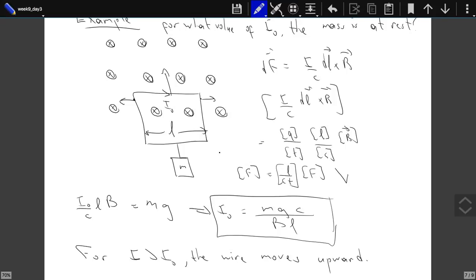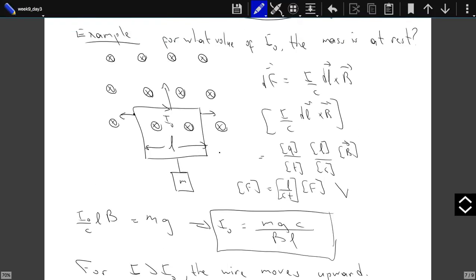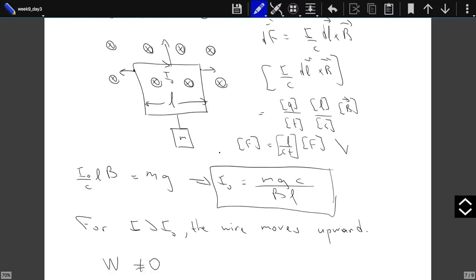But if the current running through the wire is larger than this I0, this critical current, then the force acting on the wire will be larger. If the force is larger, the wire will be moving upward.